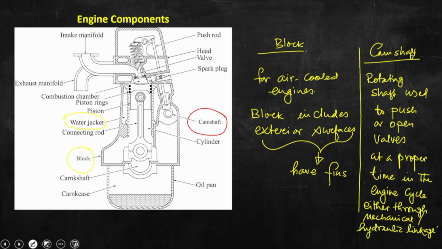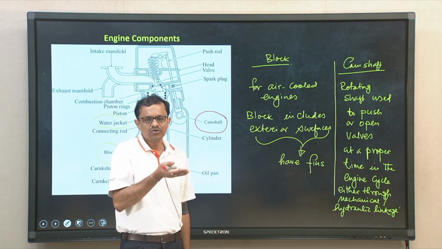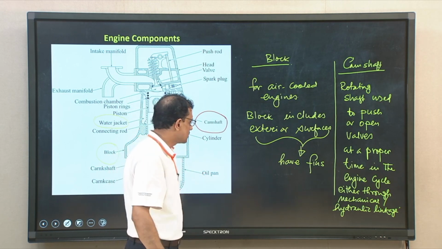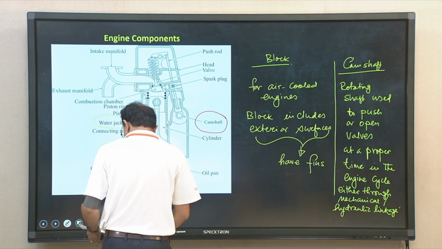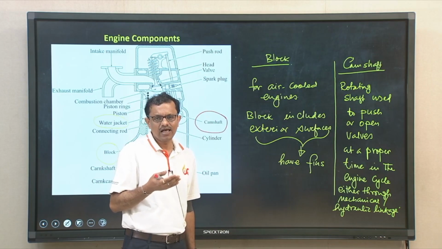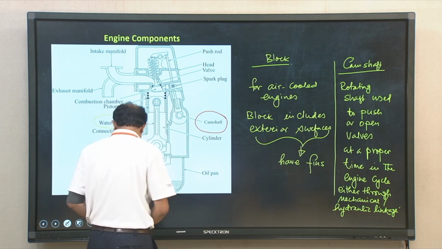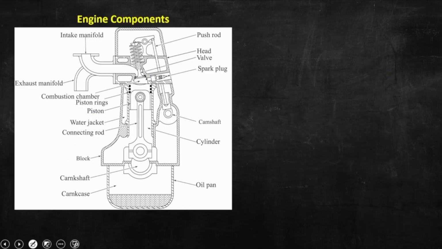We shall discuss the shape, material, all these things in the next class. So, today you should just know about this component, the camshaft, which is nothing but a rotating shaft used to push or lift or open the valves through a mechanical arrangement or hydraulic linkage. Depending upon the requirement, most modern automobile engines have either 1 or 2 camshafts. Next, we should go to the next slide.